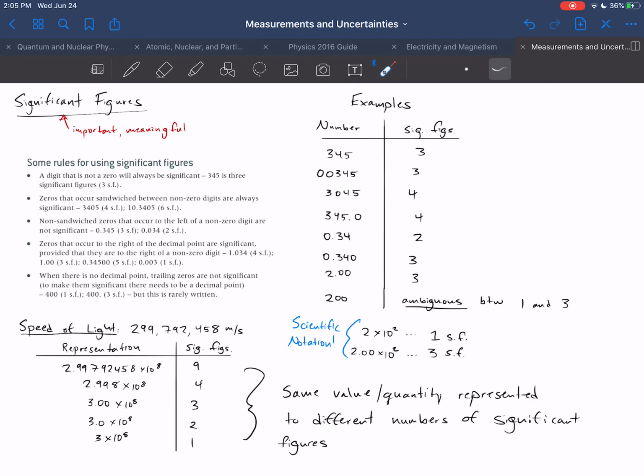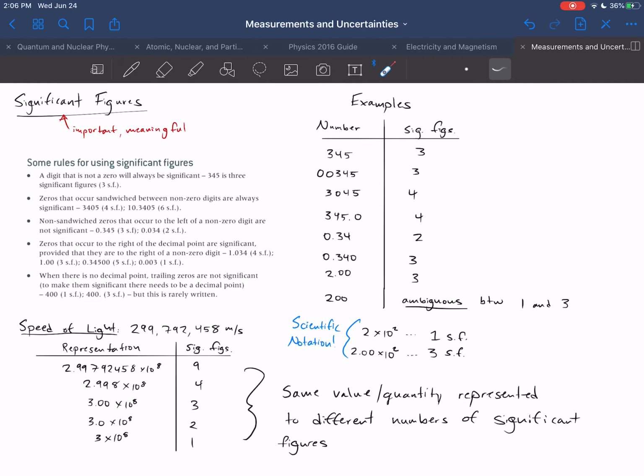And I will also say that the most important aspect of this idea of significant figures comes from the meaning of significant figures, which is that some digits are more important, more meaningful, than others. So some digits are meaningful, some are not.